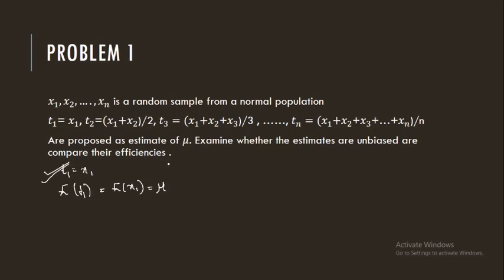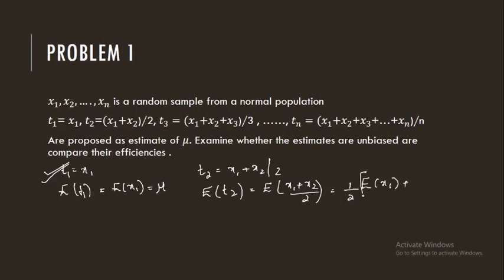Now what about the second? T2 is equal to x1 plus x2 divided by 2. Taking the expectation of T2, that is the expectation of x1 plus x2 divided by 2. Take the 1 by 2 outside: expectation of x1 plus expectation of x2.